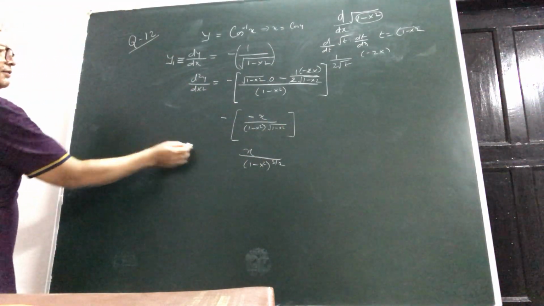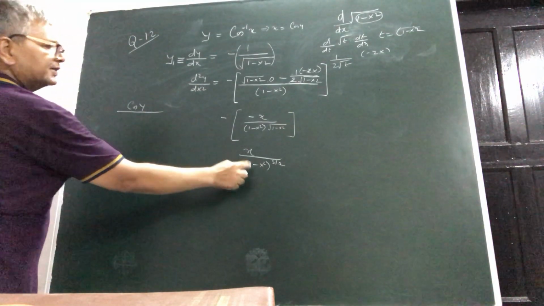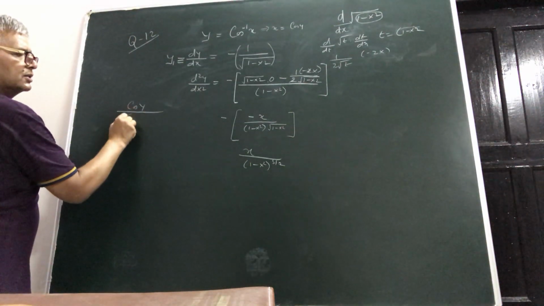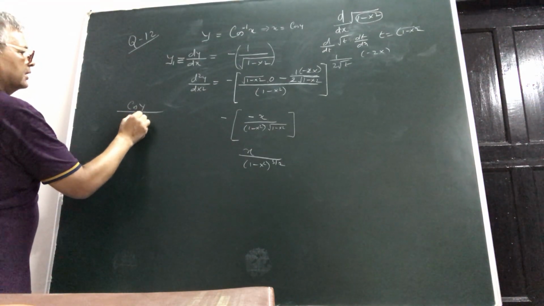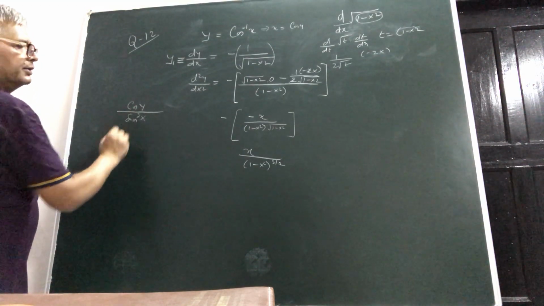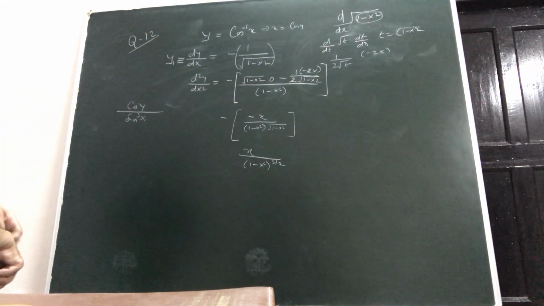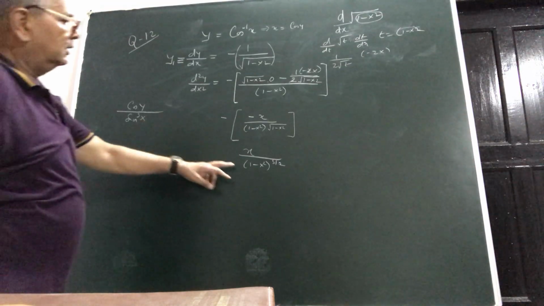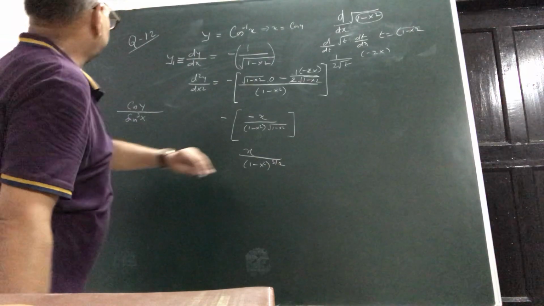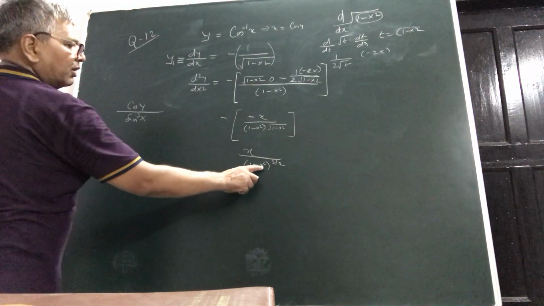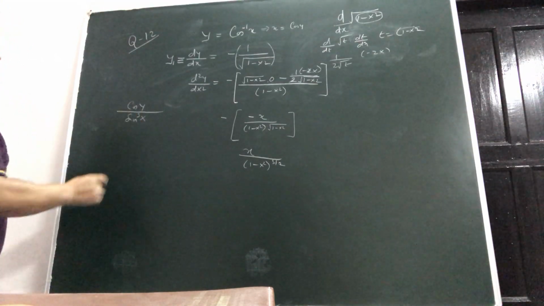So this will give you cos y upon 1 minus cos square y, that is sin square y, so sin cube y rather you will be getting. 1 minus cos square y is sin square y, raised to 3 by 2, so you are getting this thing.